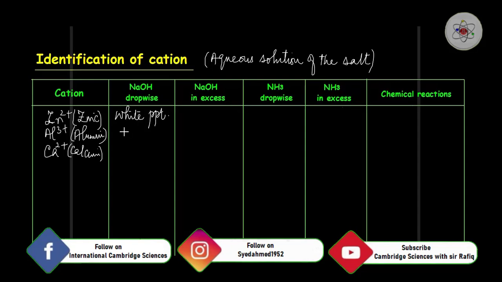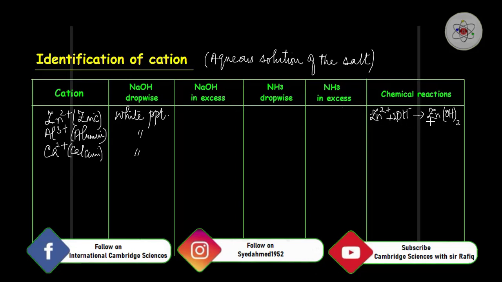So the white precipitate is actually because the ion combines with hydroxide ion present in the aqueous solution of sodium hydroxide, or aqueous solution of ammonia. It is rich in hydroxide ion, so the hydroxide ion reacts with the cation present to form insoluble hydroxides of those metals.